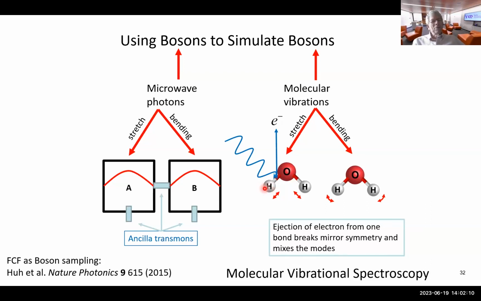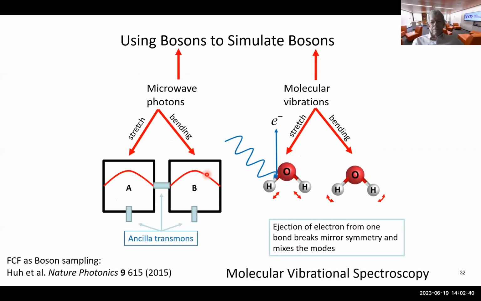And also the spring constant probably changed. And because you only ejected the electron from one arm and not symmetrically, that mirror symmetry that protected the stretch and bending modes is gone, and they tend to coherently mix together. And we're going to model that with a beam splitter, which coherently mixes these two modes, okay?